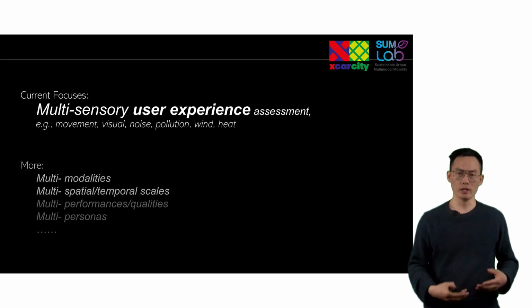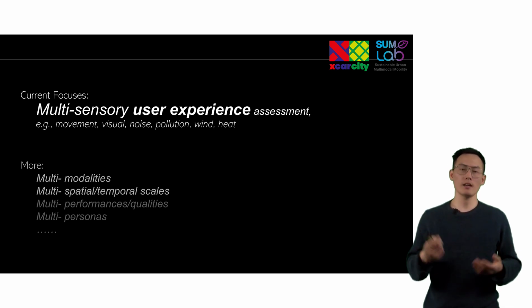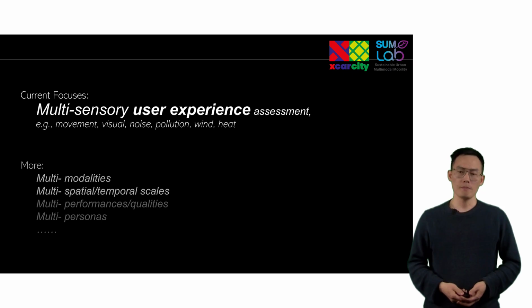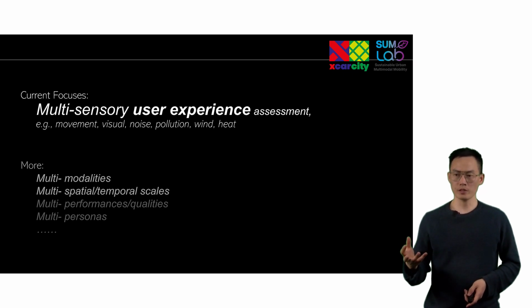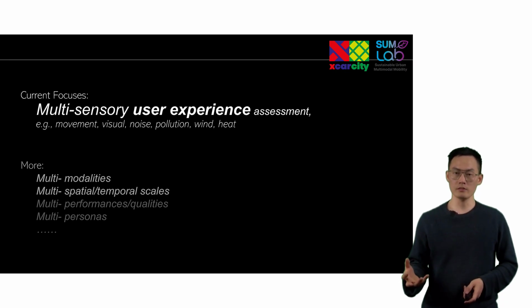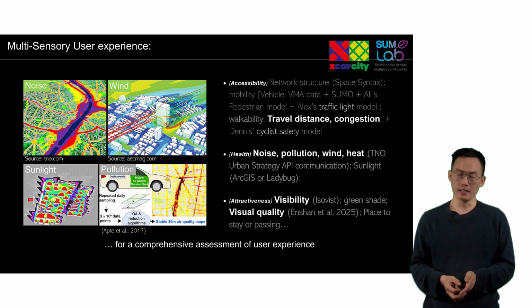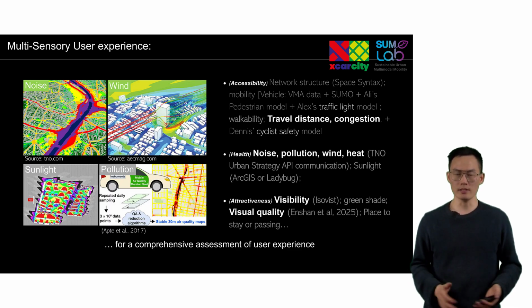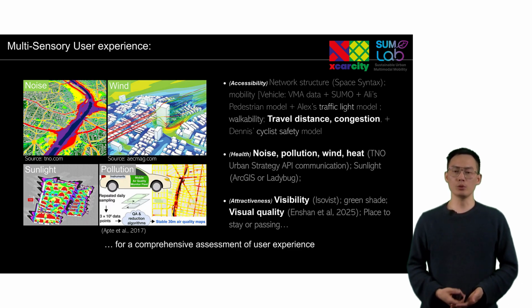We can move, we can smell, we can see, we can feel the wind, the heat. Therefore, our digital twin needs to simulate these different features of the urban environment. And luckily, there are many existing models to simulate all these aspects like noise, wind, sunlight, pollution.